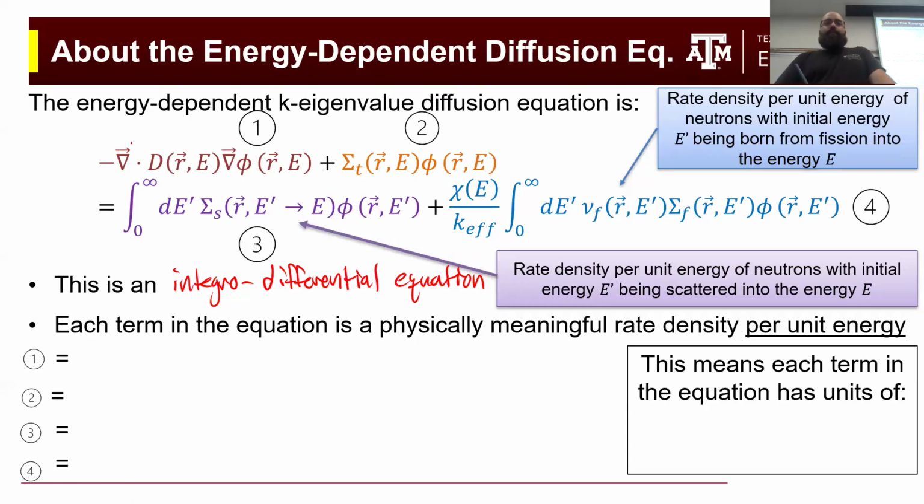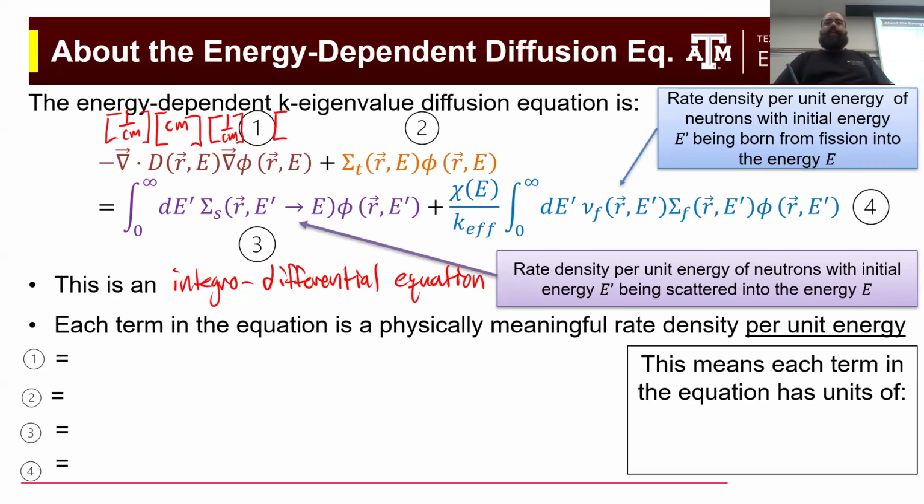If I think about the divergence, that's basically telling me to take first derivatives with respect to space, so it's like d by dx or d by dr. So that has effectively units of 1 over centimeters. The diffusion coefficient has units of centimeters. The gradient is also a similar thing in that it's telling me to take another derivative with respect to space, so that's also going to have units that look like 1 over centimeters.